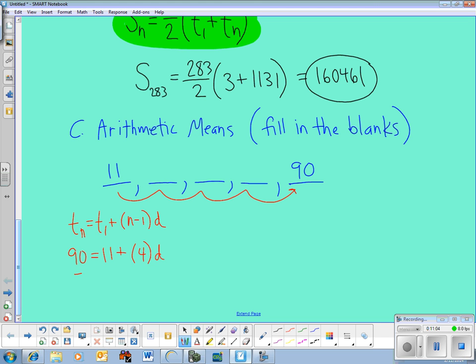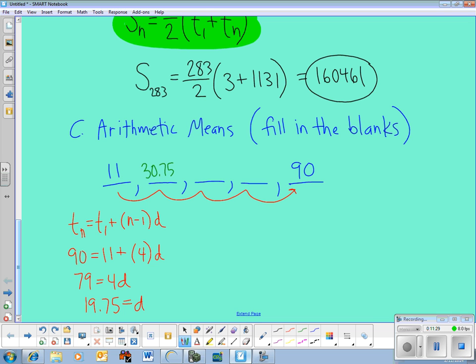Well, 90 minus 11 is 79. So if I divide 79 by 4, I get 19.75. So that's the number that I need to add each time. So my arithmetic means are 11 plus 19.75, which takes me to 30.75.